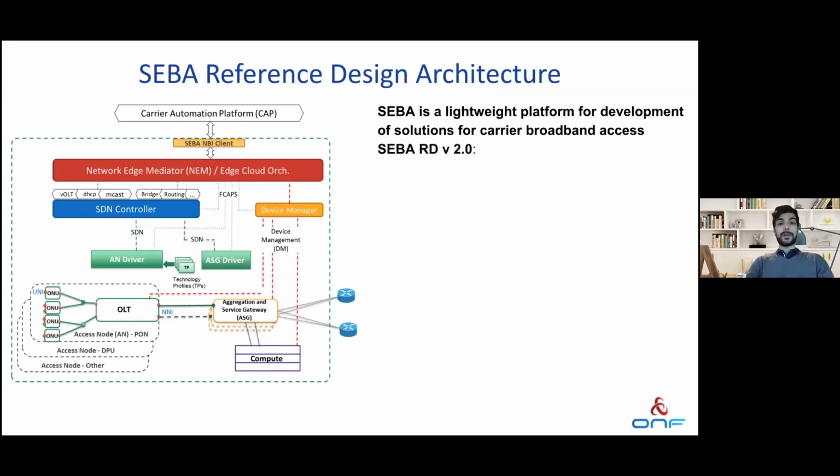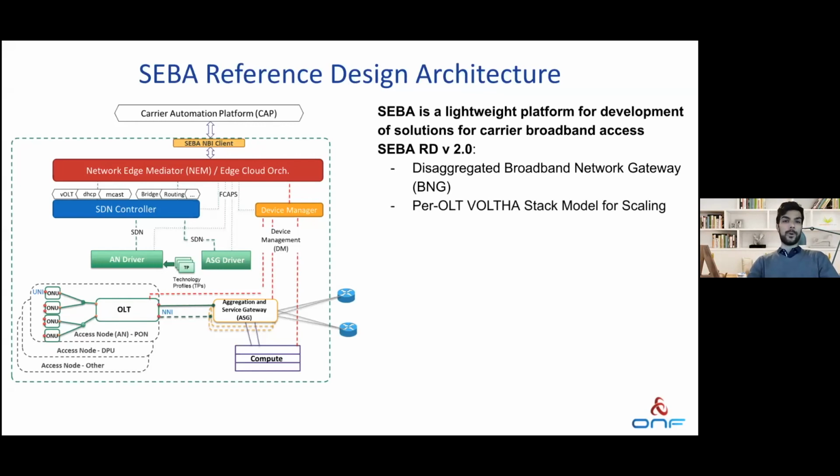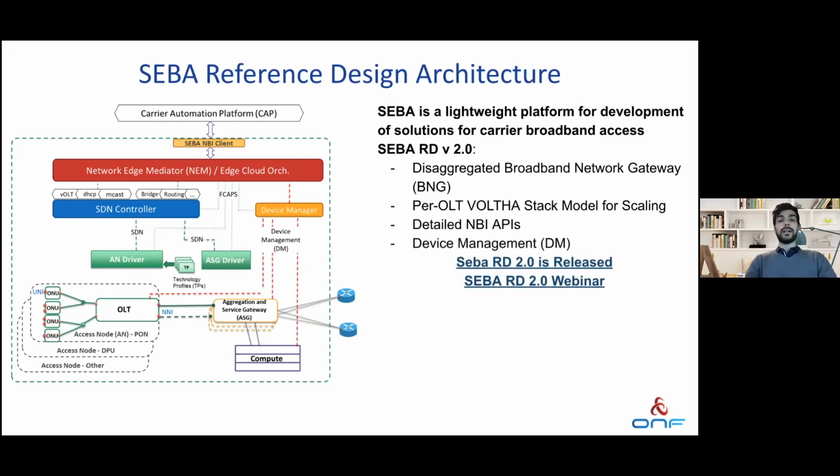And in particular, we just released RD 2.0, a reference design 2.0 for SIBA. That includes a disaggregated border network gateway specification, per VOLTHA stack modeling, detailed northbound APIs, and device management API. It is released and open for everybody to access.